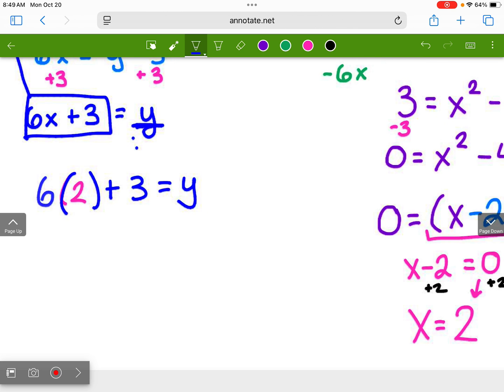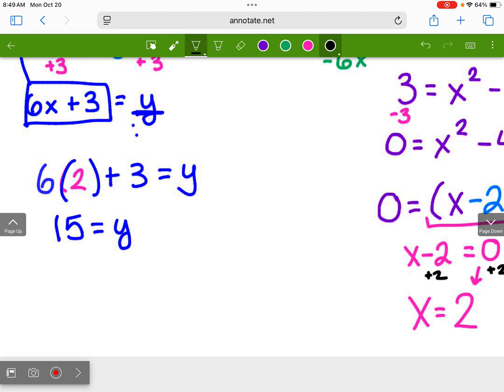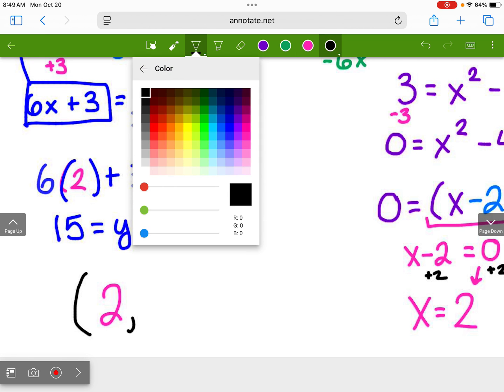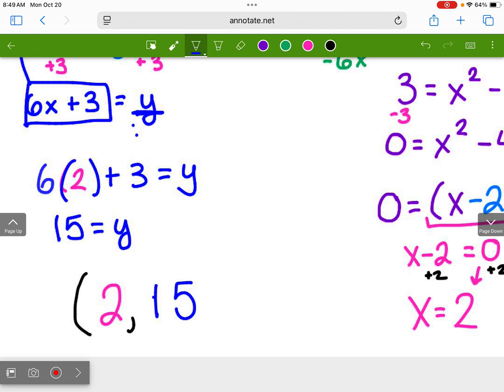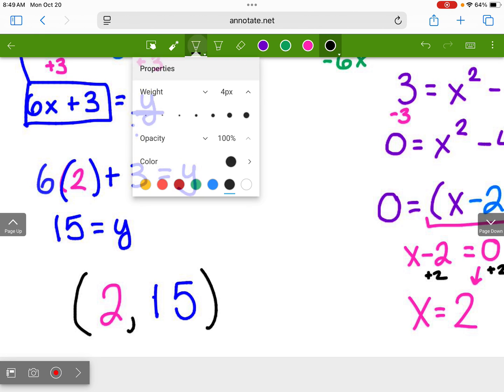What is 6 times 2 plus 3? 15. So 15 is our y. So our solution is the point (2, 15). We only have one solution in this case.